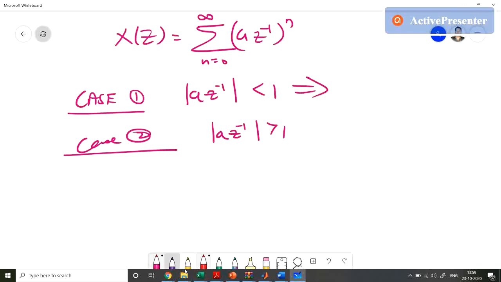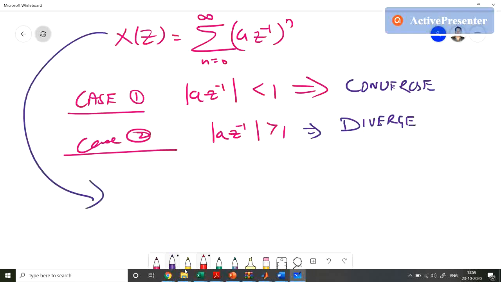If we see carefully, if the modulus of a z inverse is less than 1, then the series will converge. In the other case, the series will diverge. So this is the case of divergence, and this is the case of convergence. Basically we are considering this case.